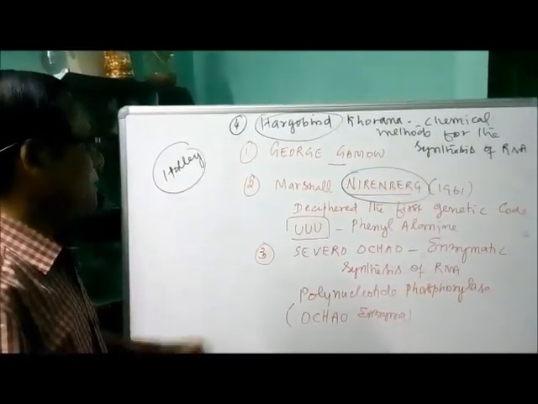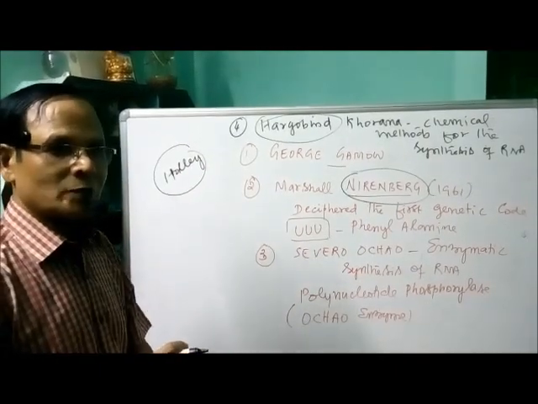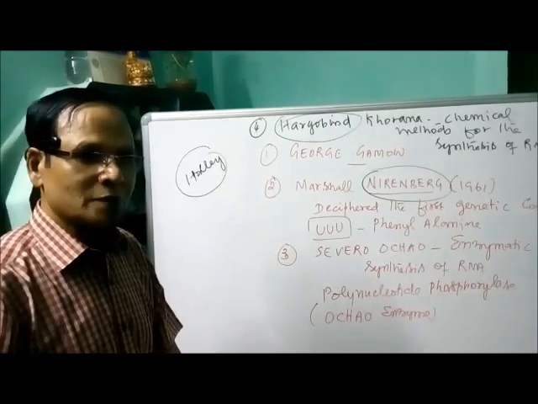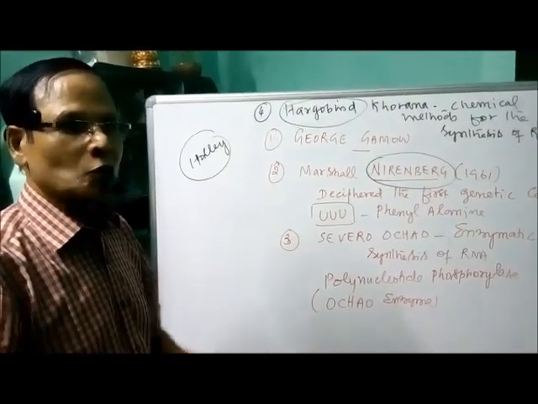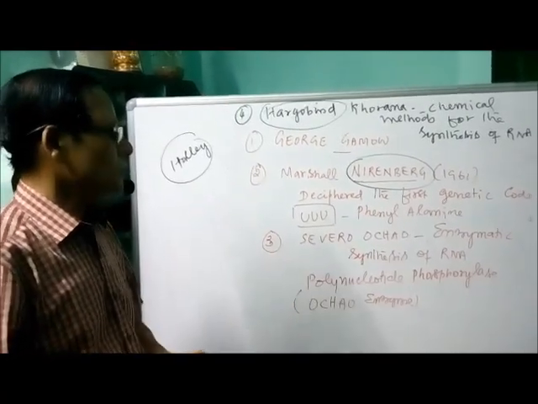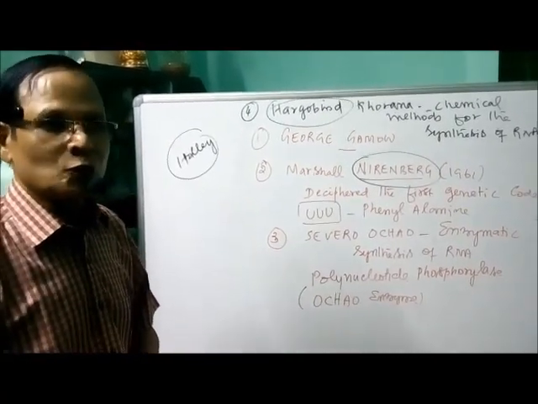These were the persons who contributed towards the genetic code, and mainly Nirenberg was the first person who deciphered the first codon, the genetic code for phenylalanine, UUU.